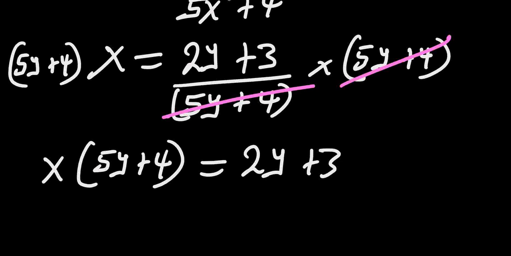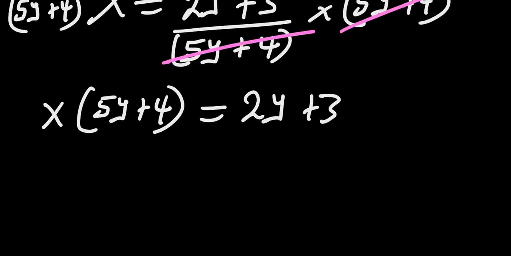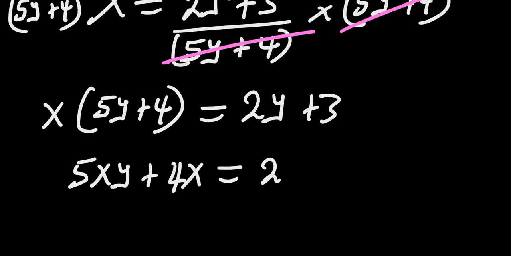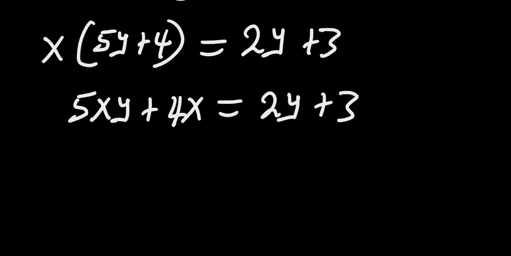So now let's clear the parentheses by using x to multiply 5y plus 4. So that is going to give us 5xy plus 4x is equal to 2y plus 3. Now, let's subtract 4x from both sides.